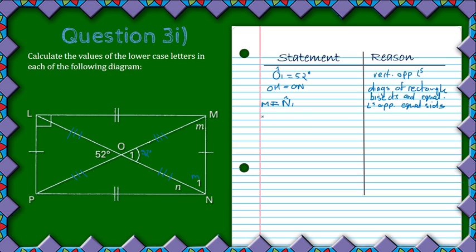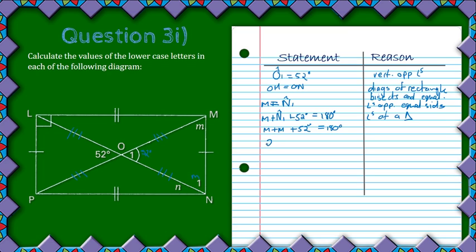Okay, and then I can say that M plus N1 plus 52 degrees is equal to 180 degrees, angles of a triangle. And then since M is equal to N1, I can replace that. That's just 2M plus 52 degrees equals 180 degrees.